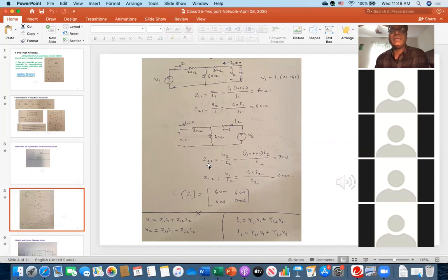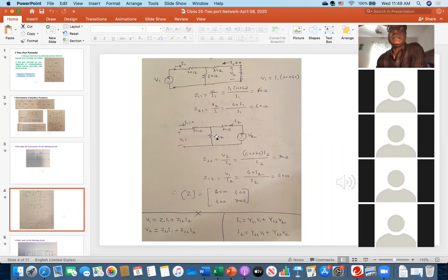And again, how I get G22, we discussed in the previous slides. For your easy understanding, I have written it down. G22 is V2 over I2, assuming that I1 is 0. In that circuit, I have made I1 0 because this is open. Everybody see, I don't know the value of I2, so I2 as it is. What is V2? Everybody see this circuit. V2 is I2 multiplied by the equivalent impedance.